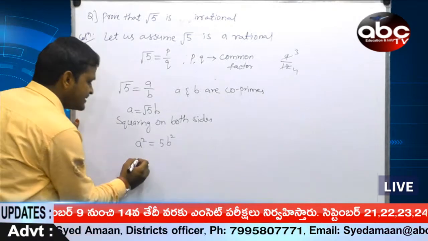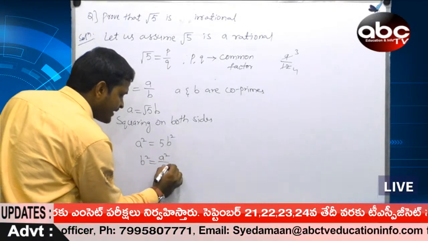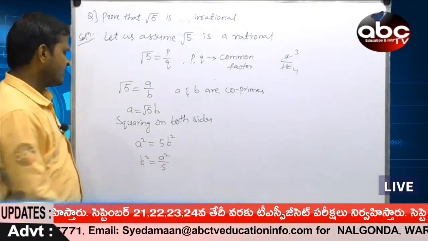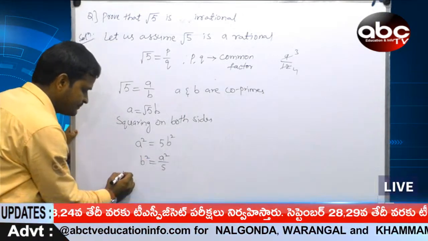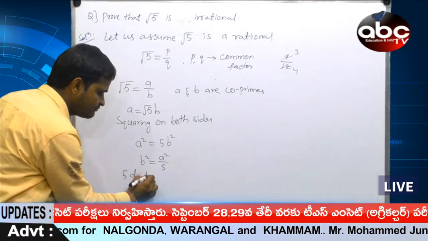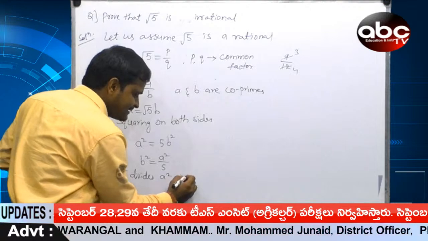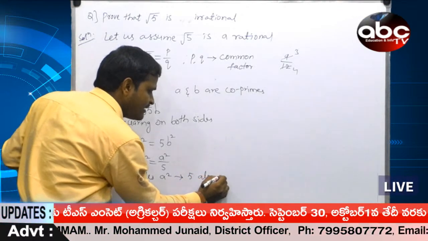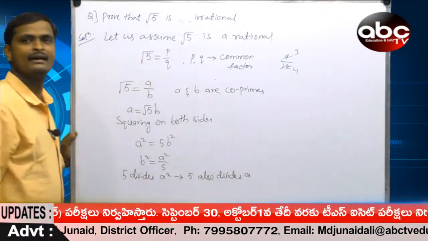A square is equal to, the square root gets cancelled, 5 only, then 5b square. That means b square is equal to a square by 5. By using the theorem, 5 divides a square, then 5 also divides a.